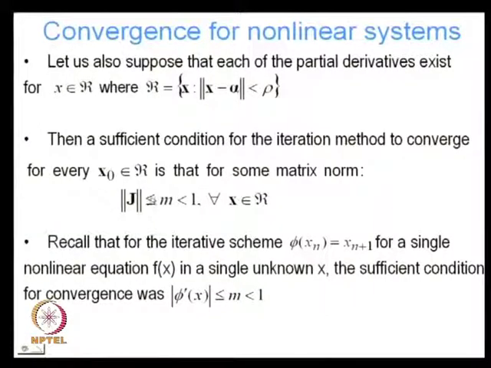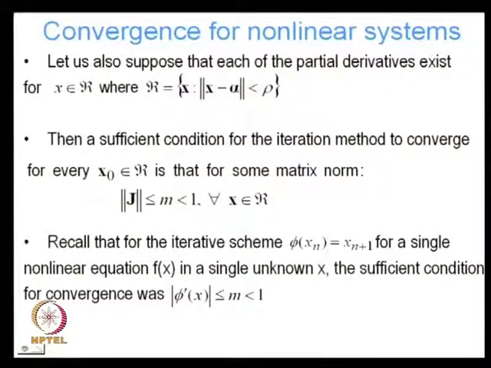Suppose we take one of those norms, for instance the infinity norm, or maybe the L2 norm. It says nothing about the type of norm, so long as it is some consistent norm. If in any norm this is less than m, which is less than 1, for all x belonging to R, then we are going to get convergence. That is a sufficient condition for convergence.